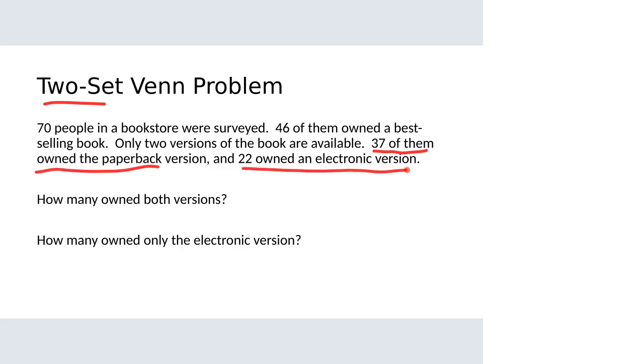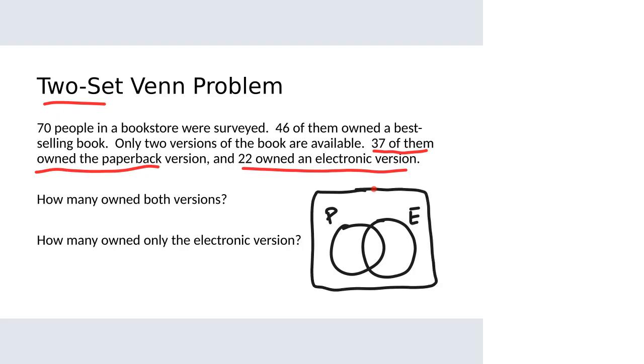When we go to make our 2-set Venn diagram, we're going to have a paperback circle and an electronic circle. And so there's our Venn diagram for this situation. I want to put some numbers in here so I can answer those questions, and I want to start in the intersection, the overlap. I look in the information I've been given, and it doesn't tell me how many are in the overlap.